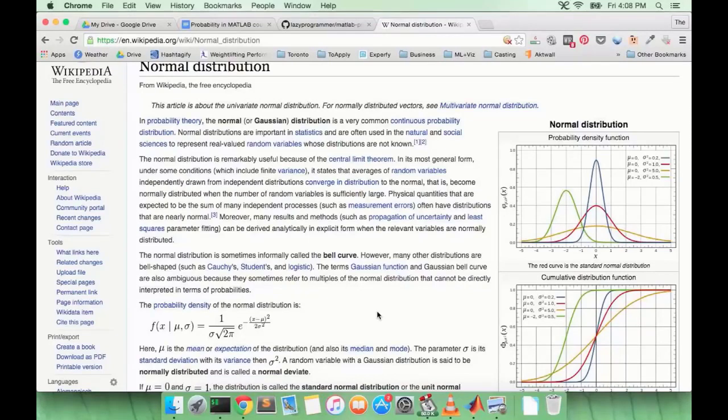With the Gaussian distribution, the mean and the variance completely describe the shape of the distribution. So the mean tells us where the center peak of the bell curve is, and the variance tells us how much that bell curve is spread out. You can see this yellow curve is very spread out, and the blue curve is not spread out that much.